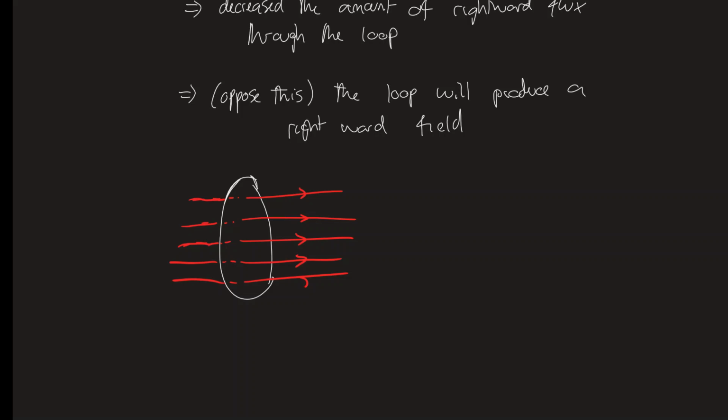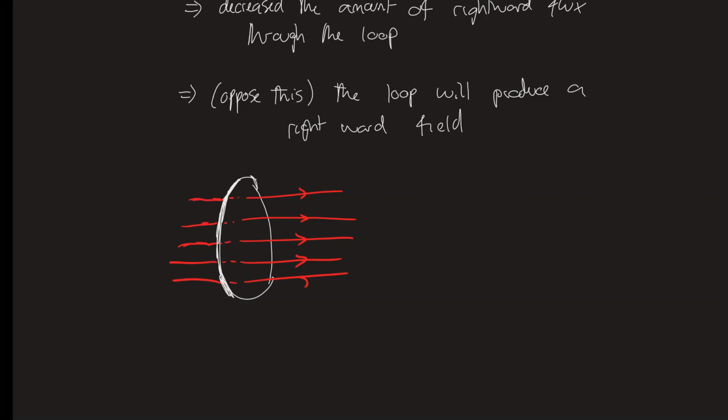So again, this side here, I'm making a bit thicker, that's the front of the loop. We need to use the right hand grip rule here. We take the thumb and we direct that to the right, just point it straight out to the right, and that's just following the direction of the field.